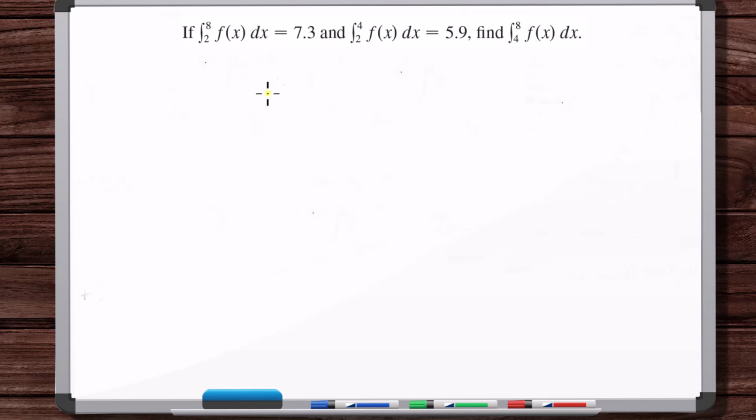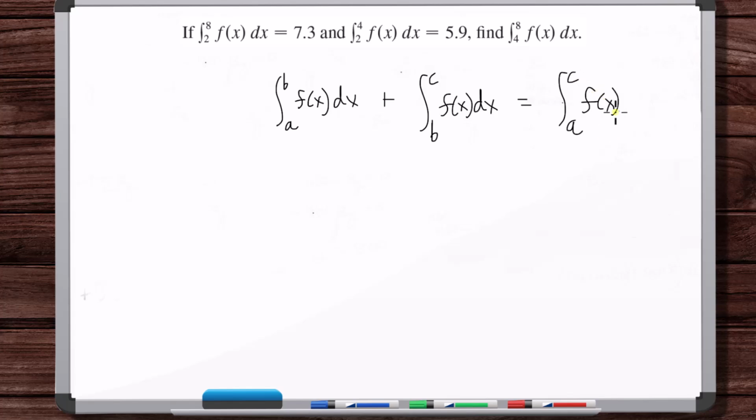And so the property that they're wanting us to use here is this property, that if you have an integral going from a to b of f of x dx, and then you add that to an integral going from b to c of f of x dx, then that's equal to the integral from a to c of f of x dx.